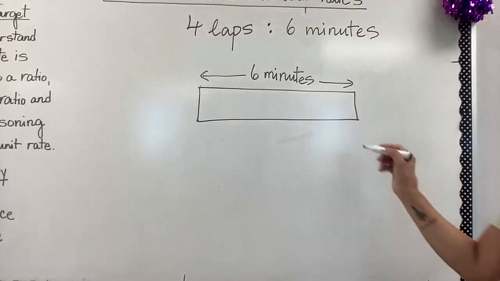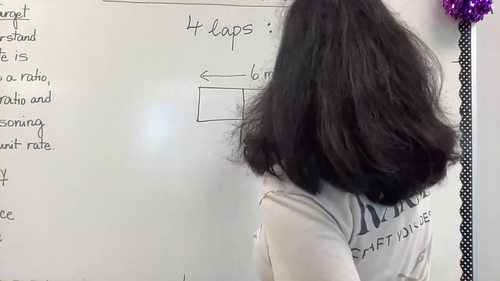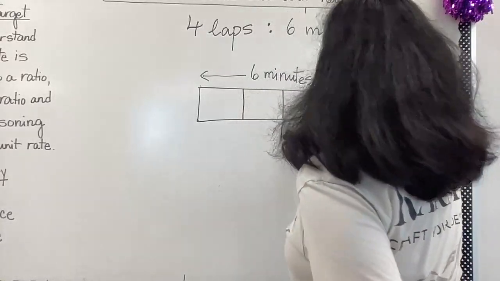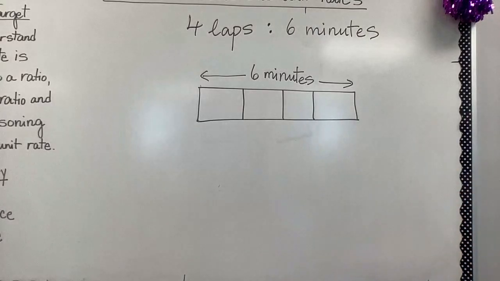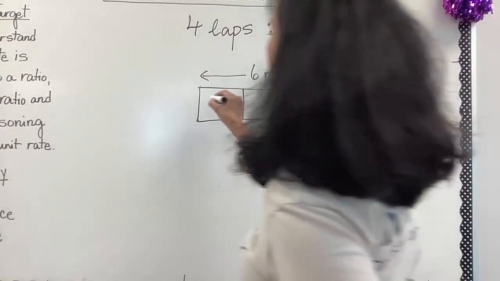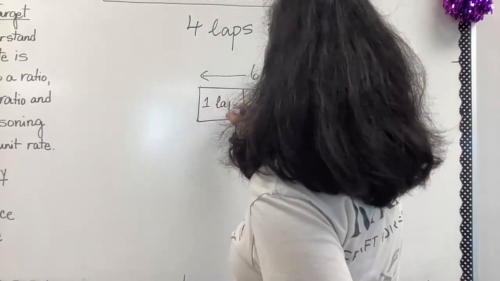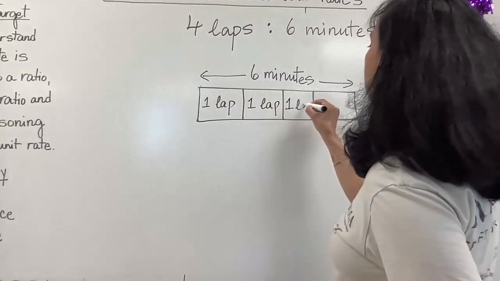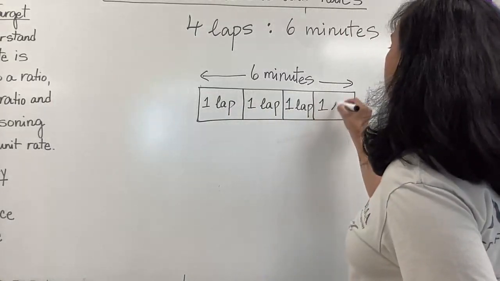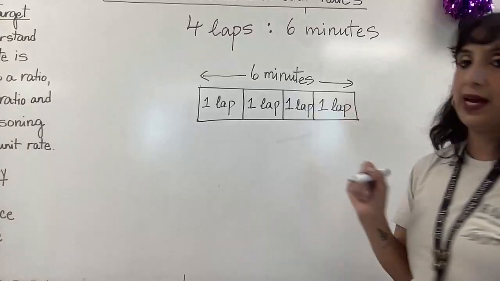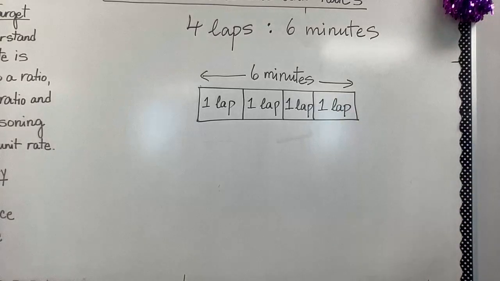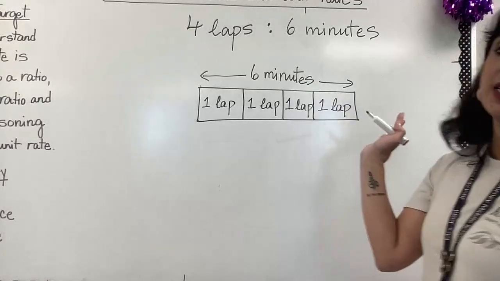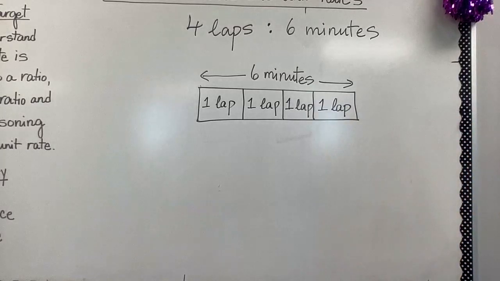So that means I'm going to break this into 1, 2, 3, and 4. Okay, so we have 4 laps, and each of these is 1 lap. So if I'm showing it on a bar diagram, this is how I would show that. Now, this bar diagram is representing the relationship between the number of minutes and the number of laps.